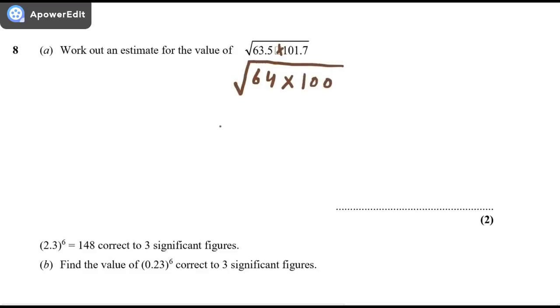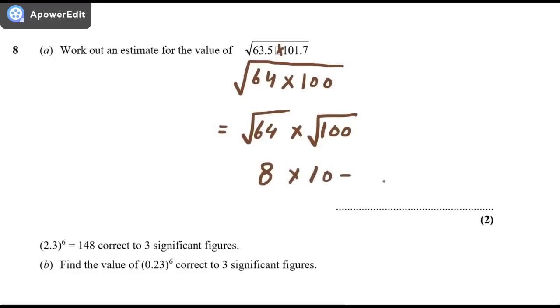If there are two numbers in the square root and multiplied, we can separate them. So this is going to be root 64 times root 100. Root 64 is going to be 8 and root 100 is going to be 10. So 8 times 10 is going to be 80. So you get 2 marks. Easy peasy.